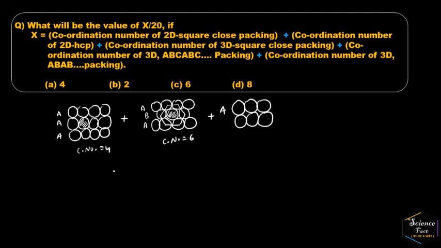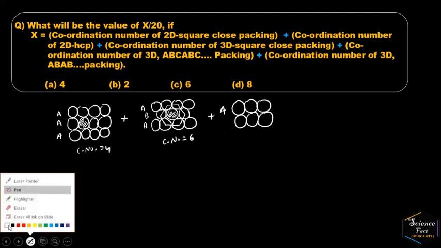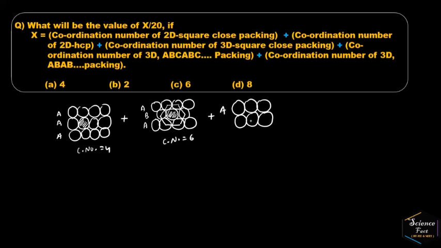Previously it was stacking of AA type rows, but in this case, stacking of AA type layers. Finally, it will give 3D square close packing. Here we will get a simple cubic system.